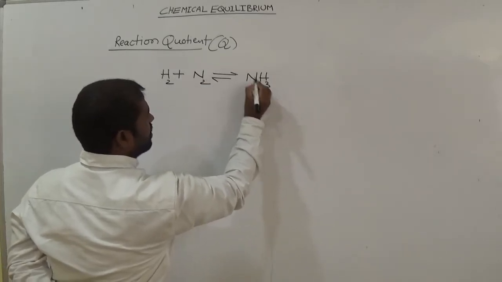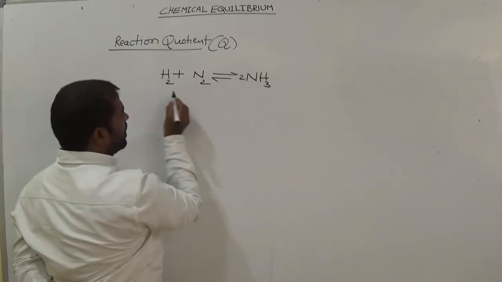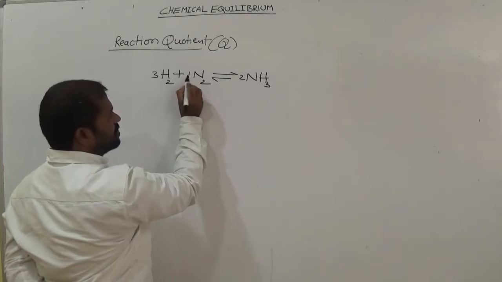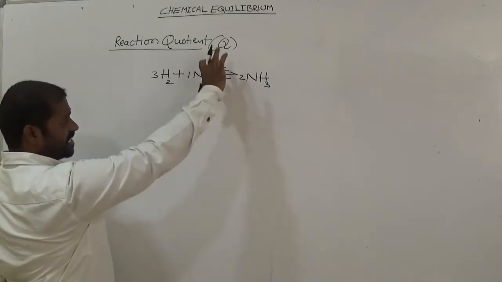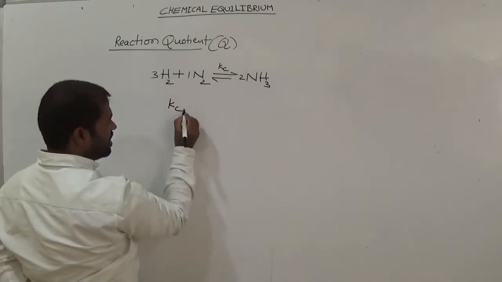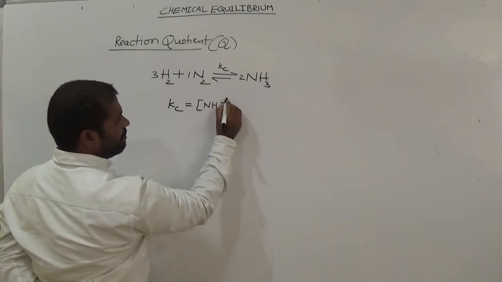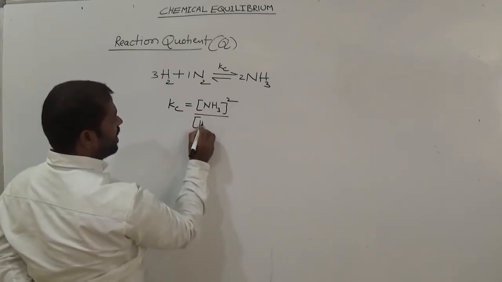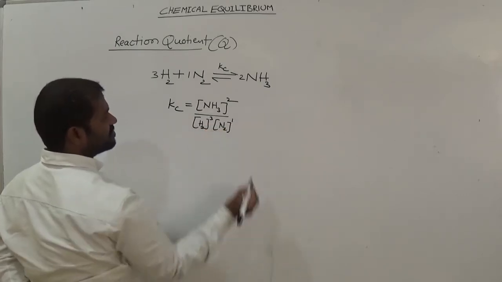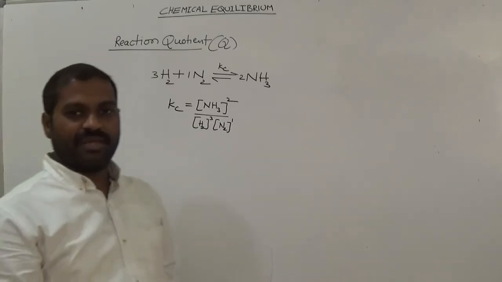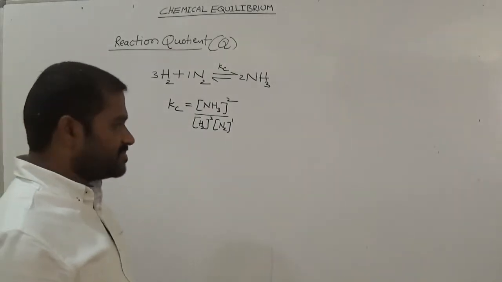You know very well, it is the Haber process. Twice of ammonia, thrice of H2, one of N2, where the equilibrium constant is taken as Kc. Now what is the equilibrium constant expression for this reaction? Kc is equal to the molar concentration of NH3 to the power 2 over the molar concentration of H2 to the power 3 times the molar concentration of N2 to the power 1. This is the equilibrium constant expression for the given reversible reaction.